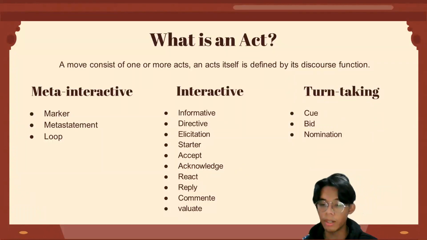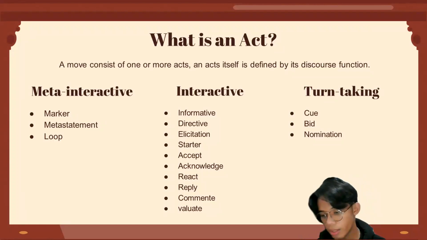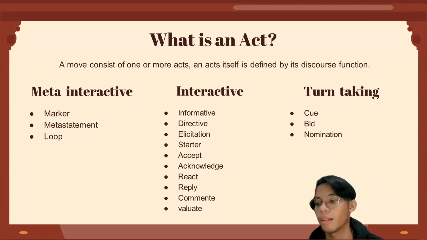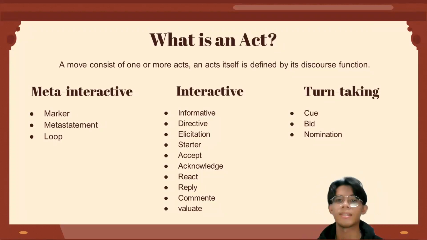That's the bid. And then nomination is when the teacher nominates or chooses the next speaker, the student who has the bid. So when the teacher says, "Okay, Satria, you can go," or "Okay, Anista, you may answer this." That's what you call a nomination.